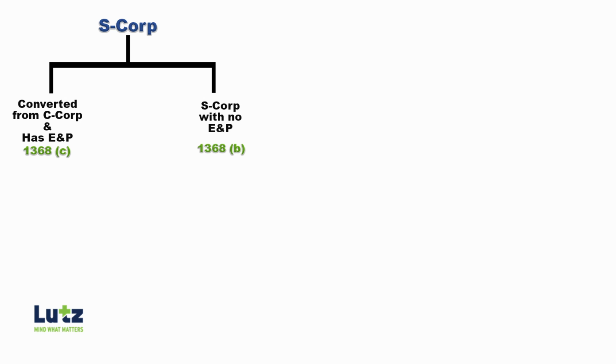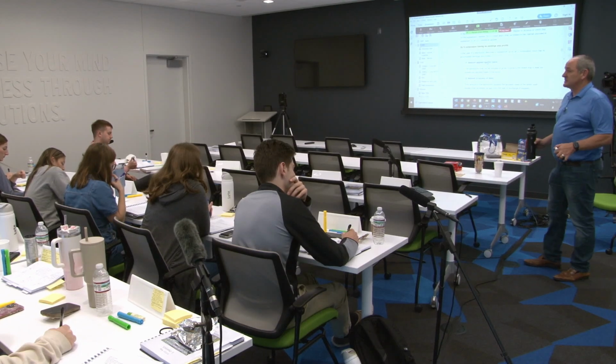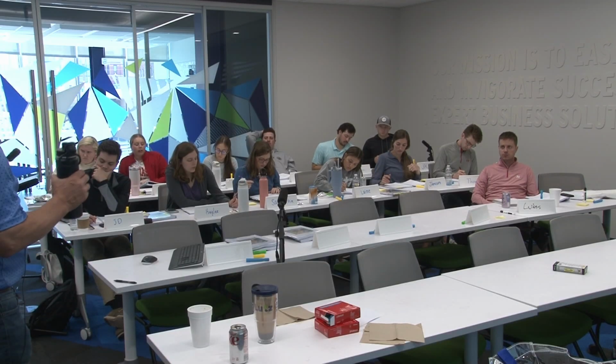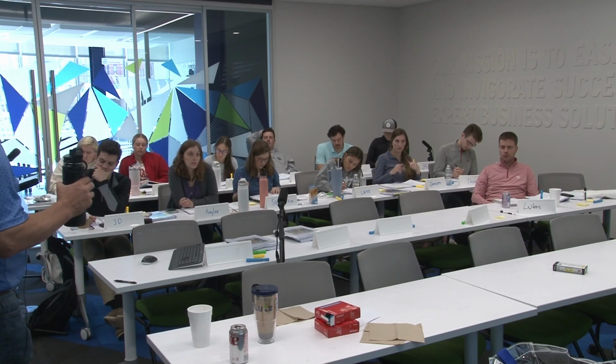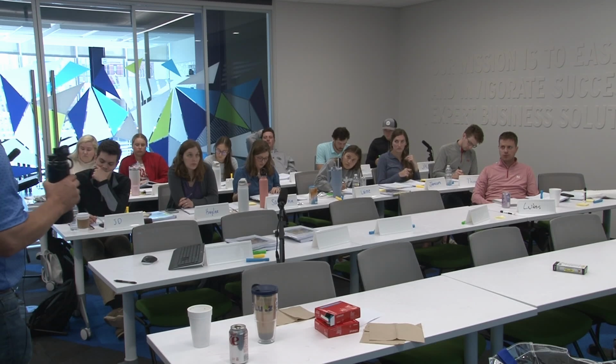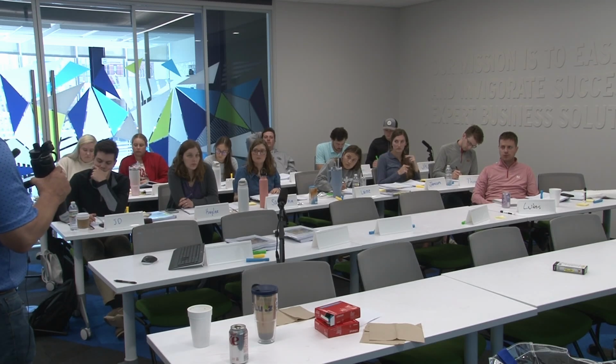So, what if somebody's going to tell me what the basic rule for distributions is, or how to account for the tax result of a distribution? This one you should have. Distribution comes out, what happens?